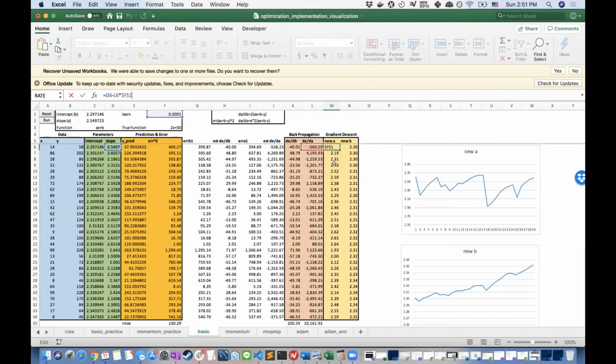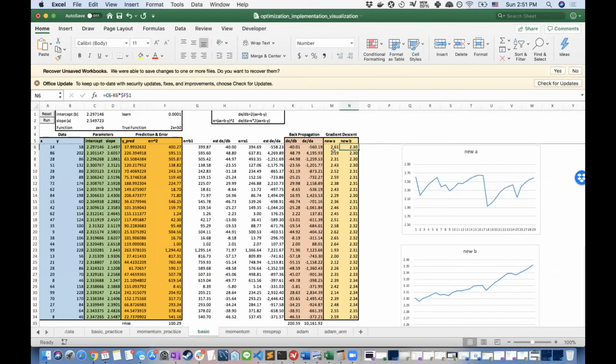Okay, that's your new A. And your new B is calculated in the same way. Again, your estimated intercept minus the learning rate times the gradient of B.